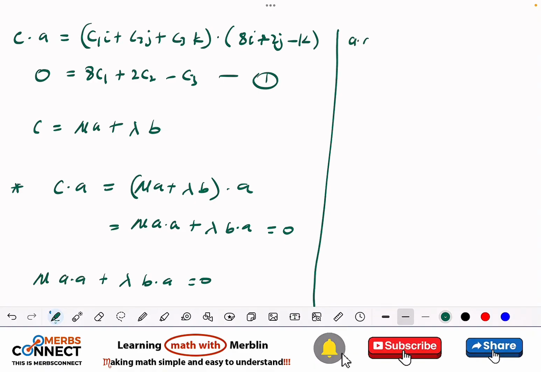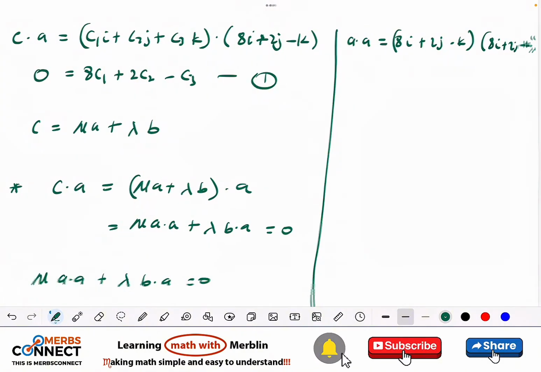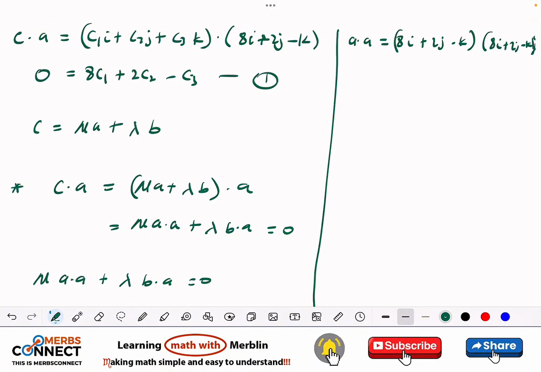Let's look for A dot A. A is 8i plus 2j minus k dot 8i plus 2j minus k. So let's do that. 8 times 8 will be 64, plus 2 times 2 will be 4, and minus 1 times minus 1 will be plus 1. So this is going to be 69. Is that right?